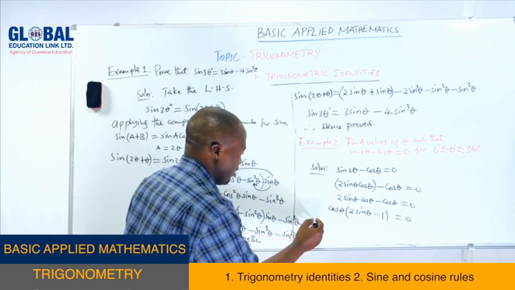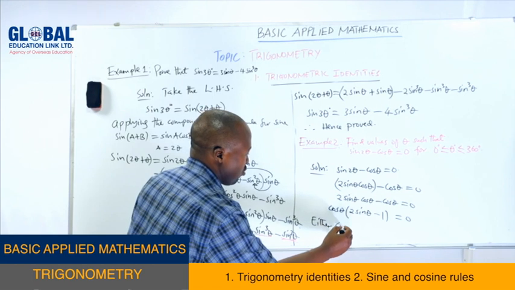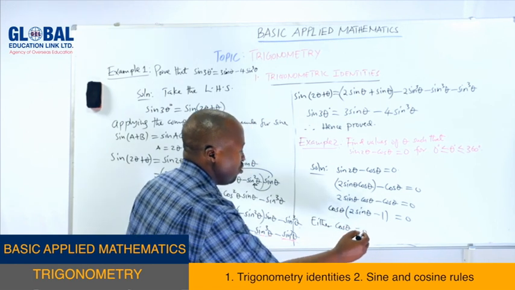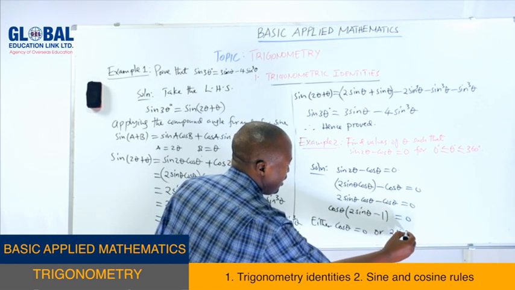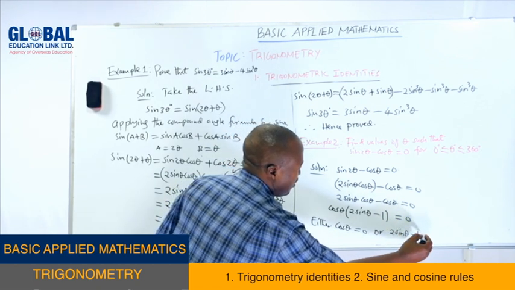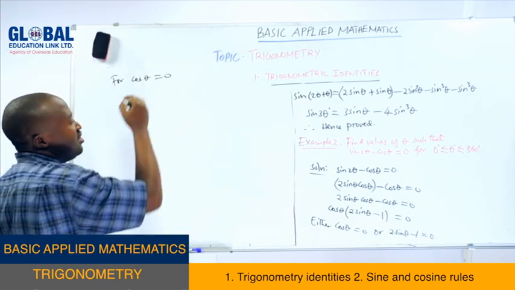Now our solution will be either cos theta is equal to 0 or 2 sine theta minus 1 is equal to 0. Cos theta is equal to 0.